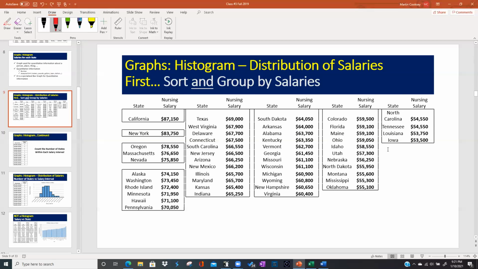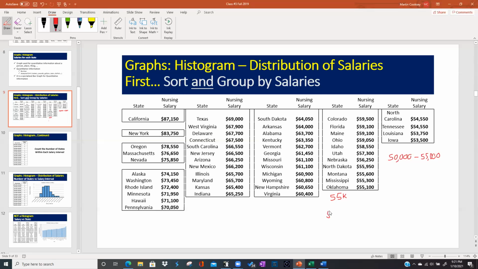The salary range here is going to be from 50,000 to 55,000. And the salary range for here is going to be from 55,000. Let's just call it 55K.